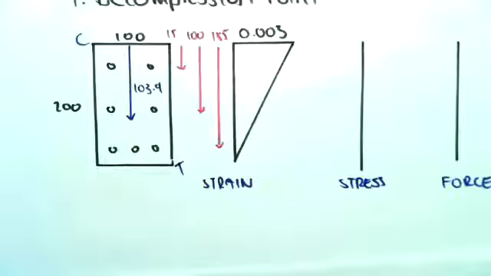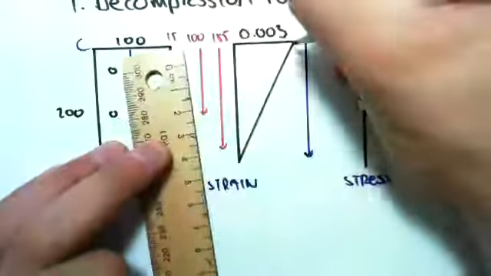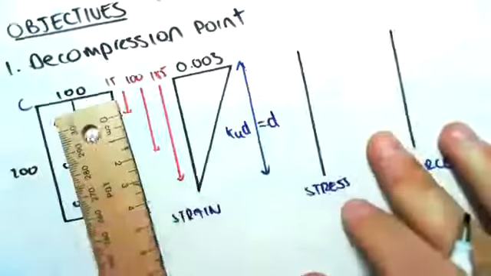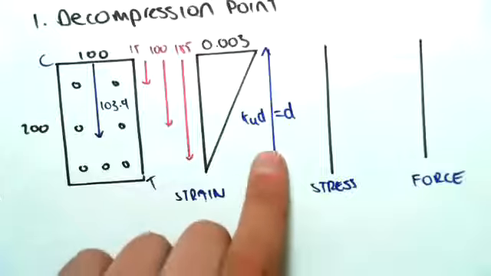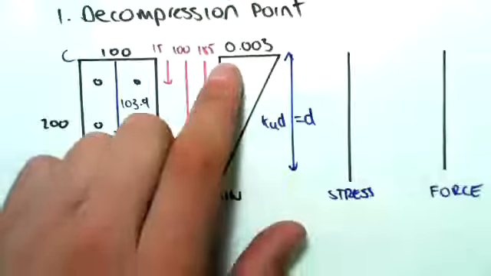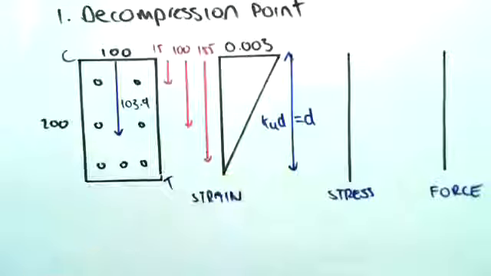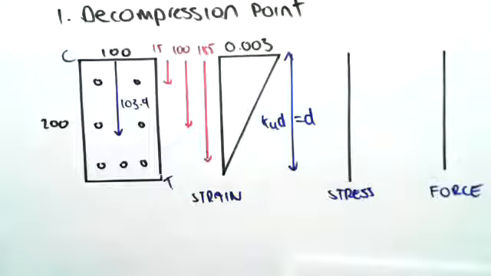So this distance is kud, which equals d. That's just a special case for the decompression point. Normally that wouldn't happen, but because the decompression point has this at 0, it makes kud equal to d. So let's go ahead and work this out.